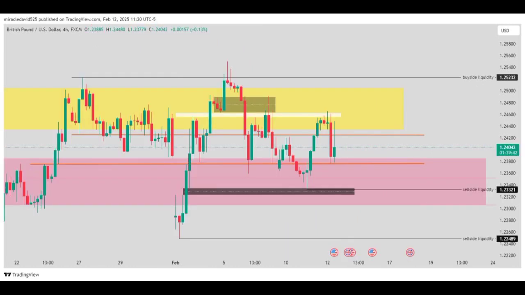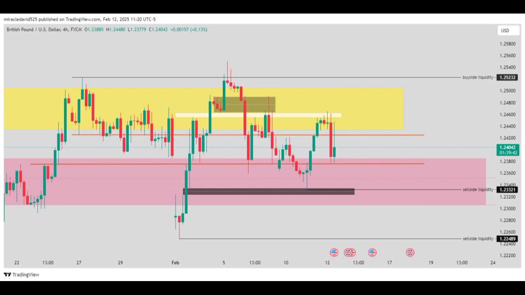Now this is the 4 hours chart of the GBPUSD pound dollar, and you can see the 4 hours level I was talking about. Price went to touch the BC, buy side imbalance, sell side inefficiency, and it even did that with just a wick.